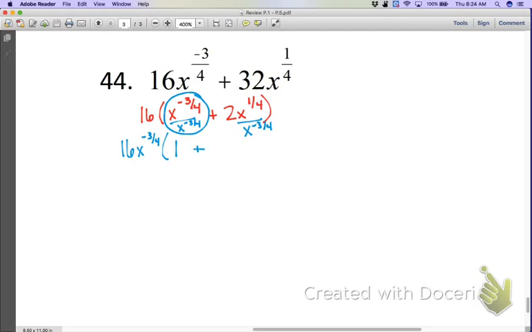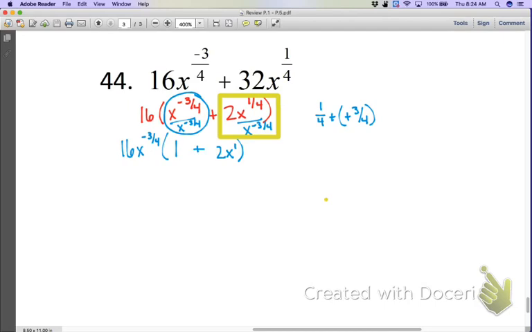Plus, nothing happens to the 2, right? And then what's 1/4 minus negative 3/4? 1 again, right? So I'm going to have 2x to the first, or just 2x, same thing. So we're good with that. I can't do anything else on the inside.